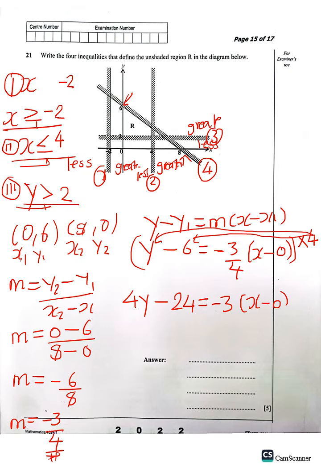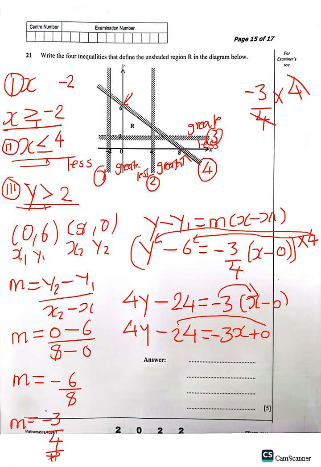What has happened here is negative 3 over 4 times 4, so this 4 and this 4 will cancel. Then 4y minus 24 is equal to negative 3 times x is negative 3x, negative 3 times negative 0 is just 0.